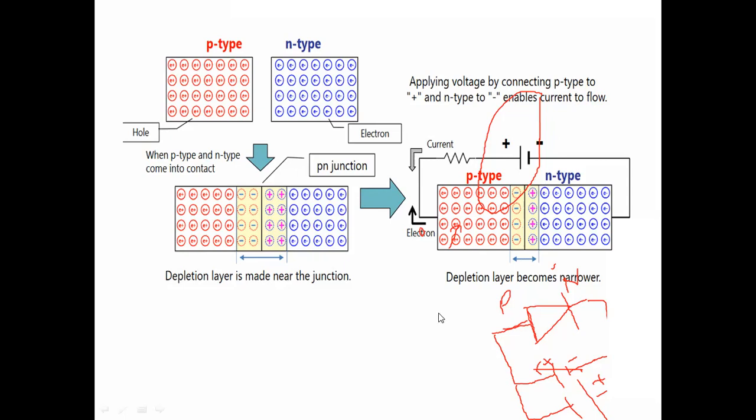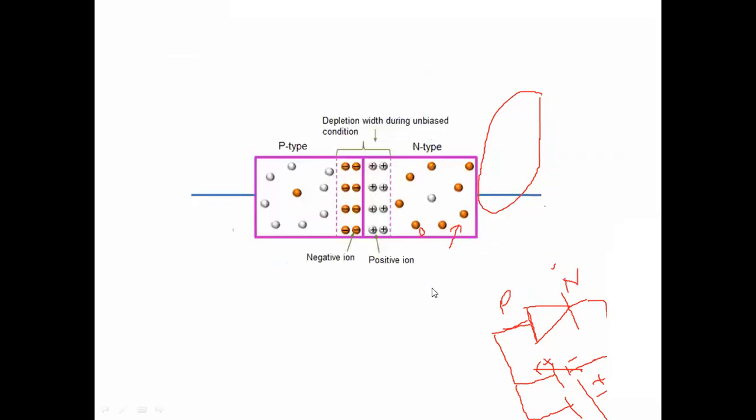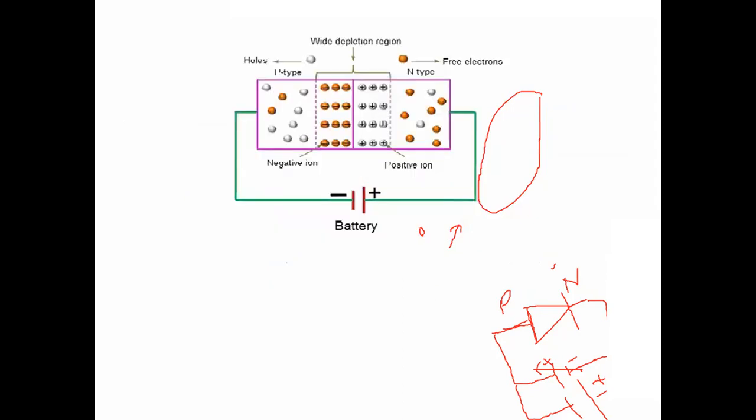So coming to the reverse bias condition, what happens in this case? Here the width of the depletion region will increase, because on the P side we have more holes, and here it is the negative side.